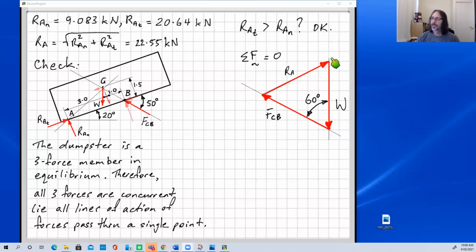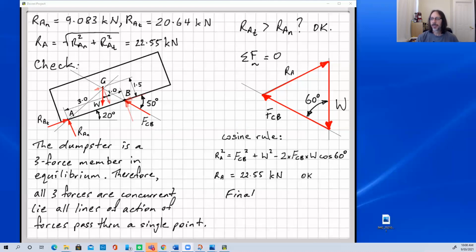So RA goes here to close that triangle. This 60 here, you'll need to do a little bit of trigonometry to work out why this is 60. I'll leave that for you to do. And then if we use our cosine rule, we can check our value for RA, and we get the same value.